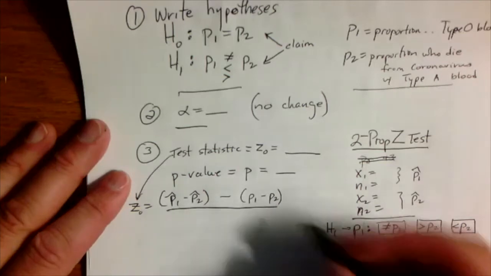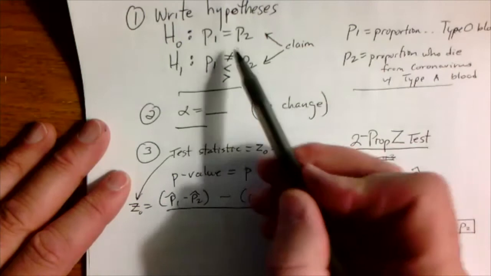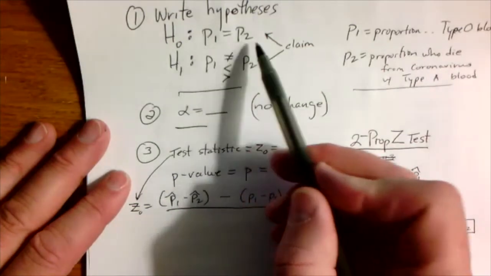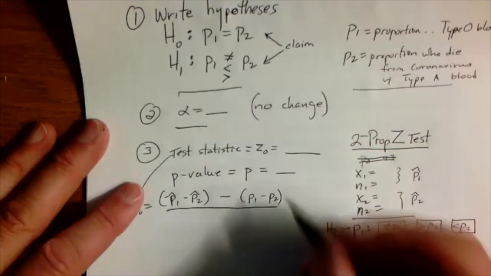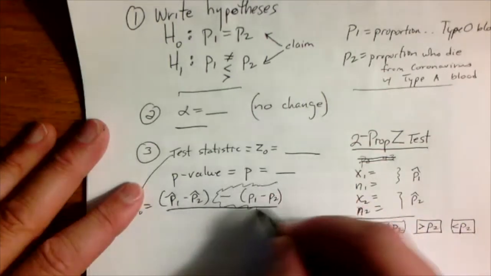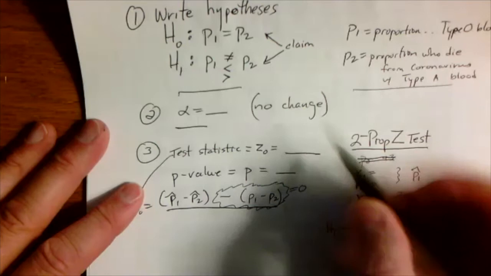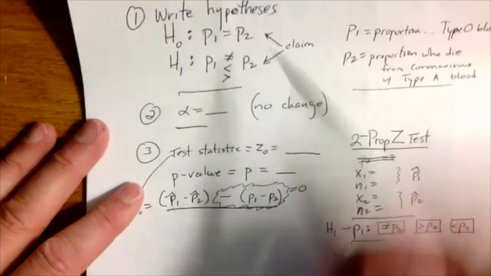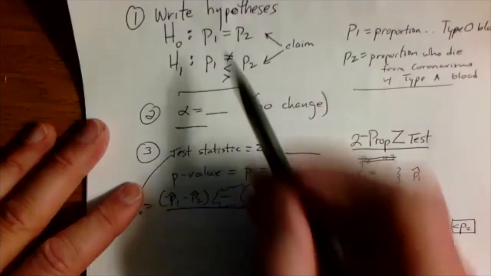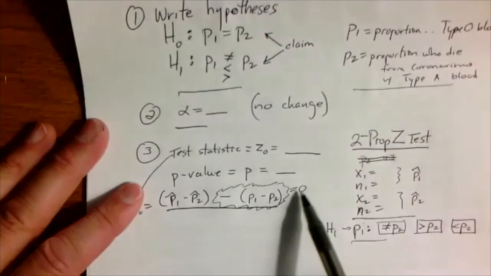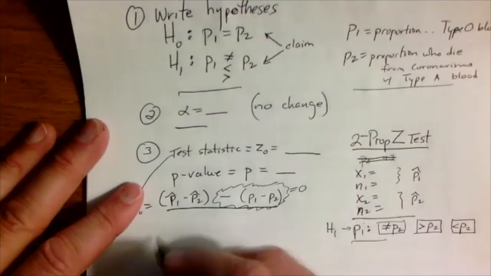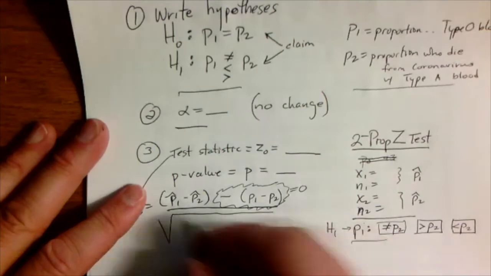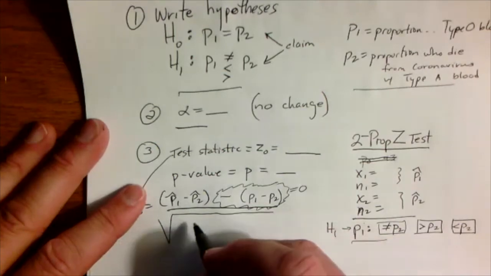So sample results minus population results over the standard error. Now the other thing that we notice is that since we are assuming that P1 and P2 are equal, if you take P1 and P2 and subtract them, this part of it is going to equal 0 because of our assumption. You subtract two things that are equal, the difference will be 0. So normally this doesn't even appear. All right, and the standard error term is, you know how we had PQ divided by N?